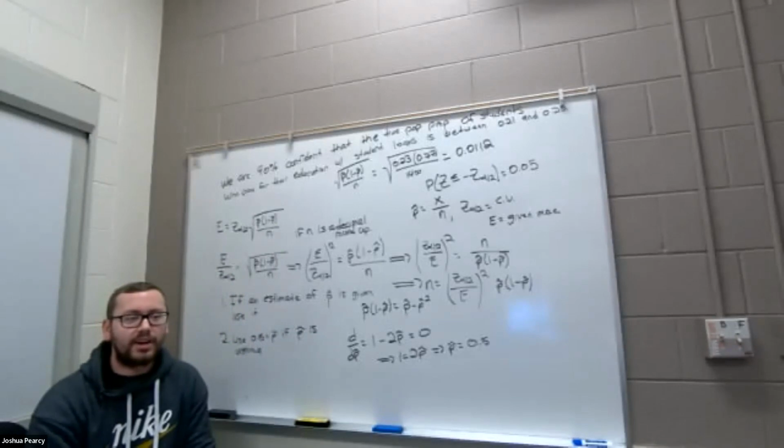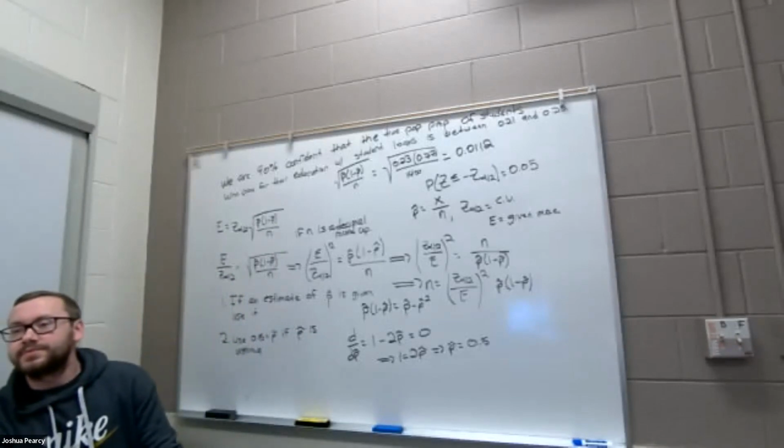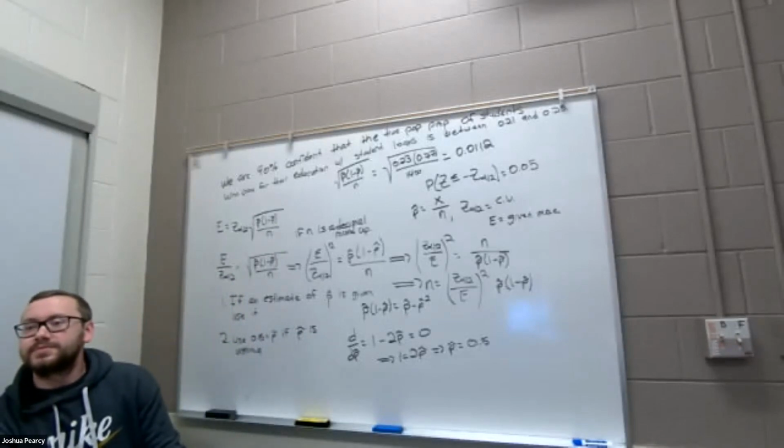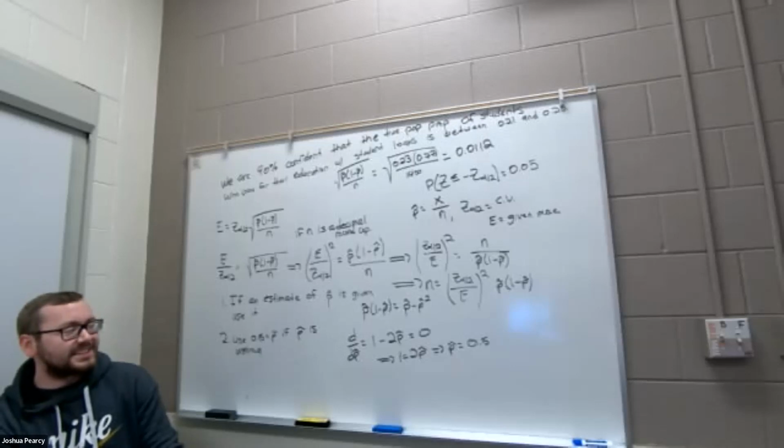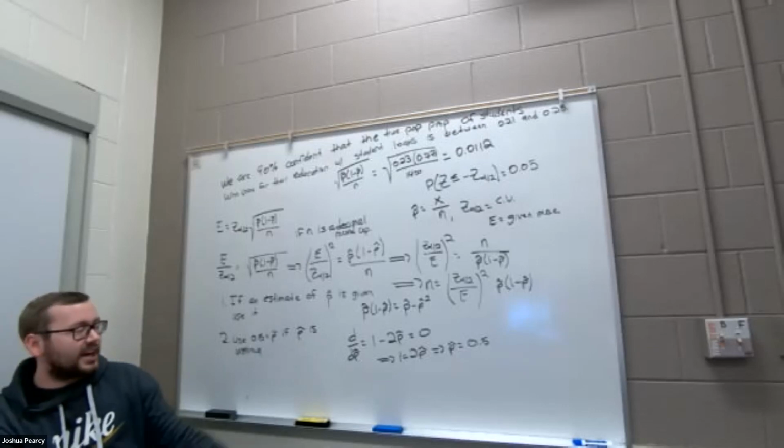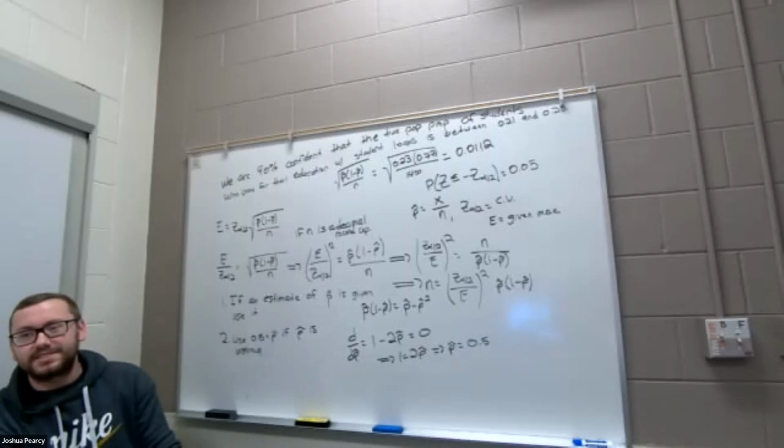Does anyone know how to verify that's a maximum? I just like to ask this question every semester because some people have taken calculus and some haven't. To verify it's a maximum, you take the second derivative of that and see if it's negative. If you do that, it becomes -2, and -2 is obviously negative.